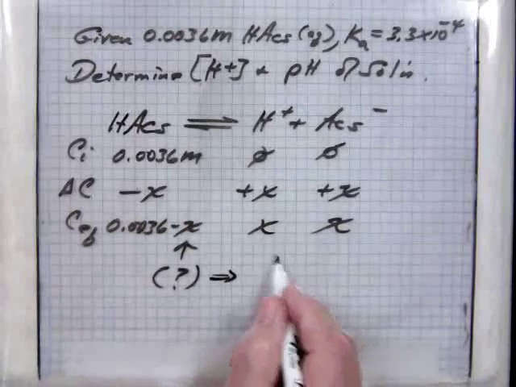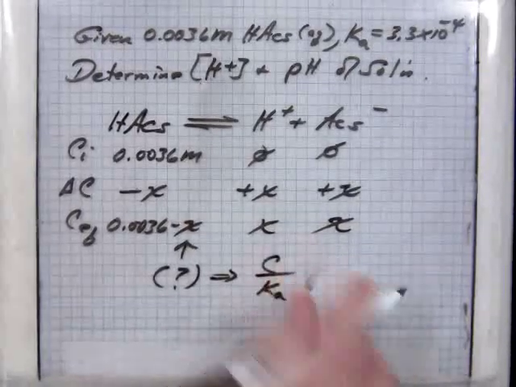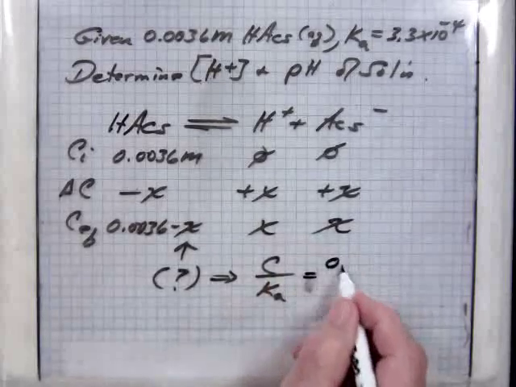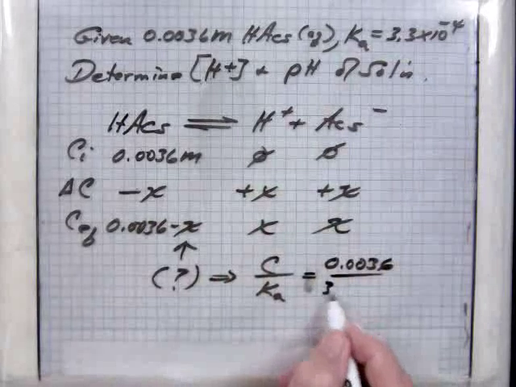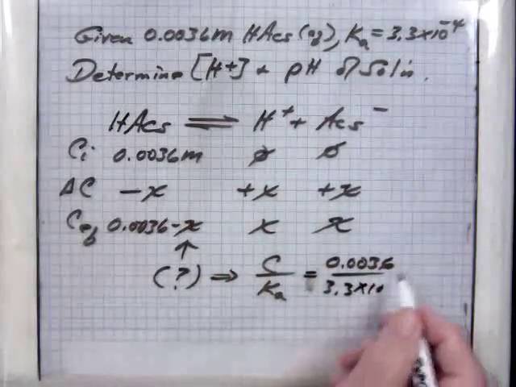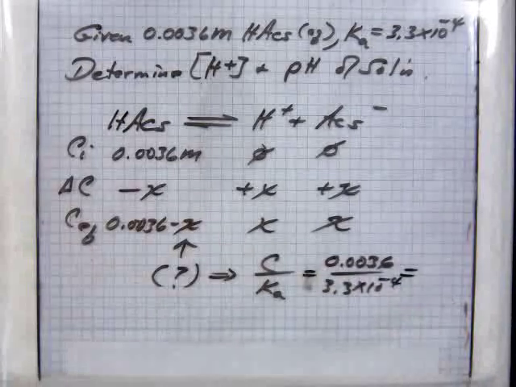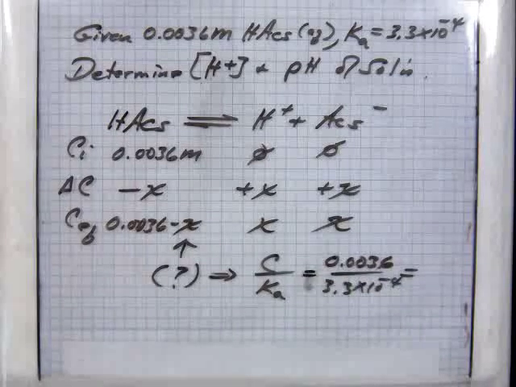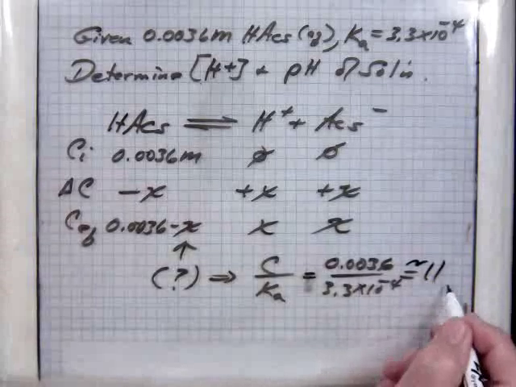Well, its concentration over the K value has got to be greater than 100. So this is 0.0036 over 3.3 times 10 to the minus 4. And what does that give us? Let me just mark that out. That gives me 11.